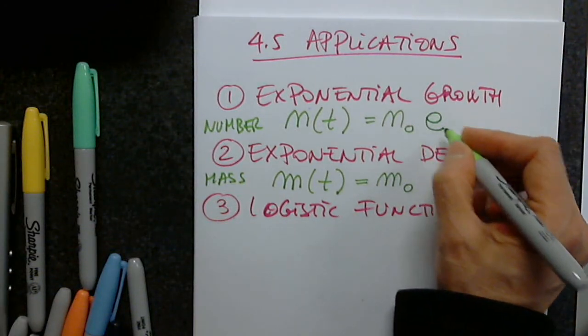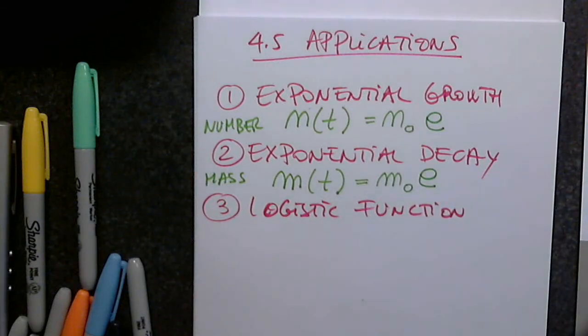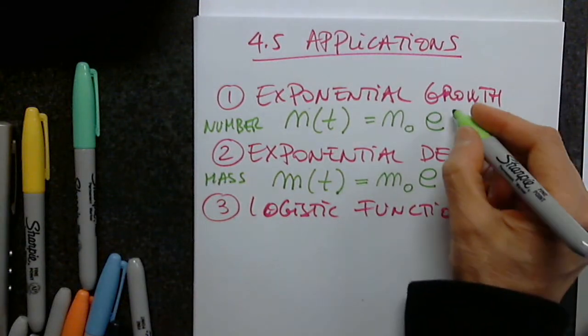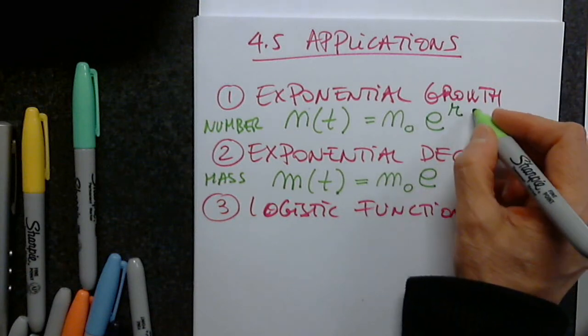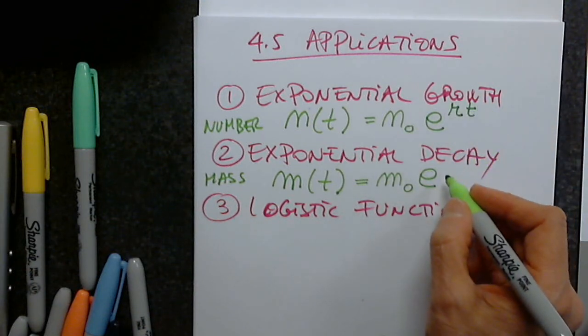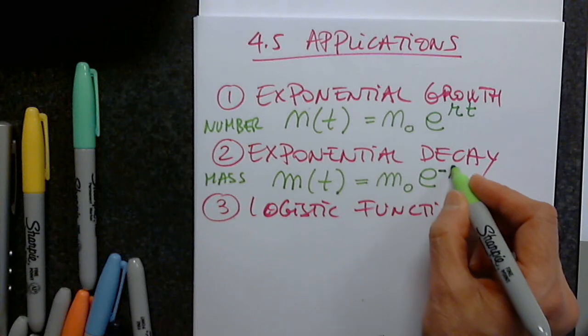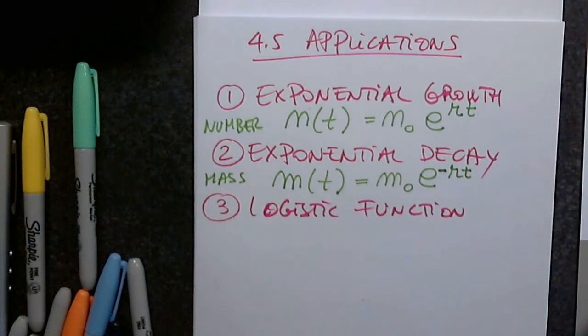Both models have E, the Euler's number. Both have R, which is the growth rate, T, but the decay has the negative RT. That's the reason why I would like to present the models together so you can see the difference.